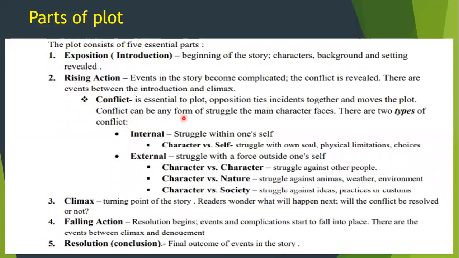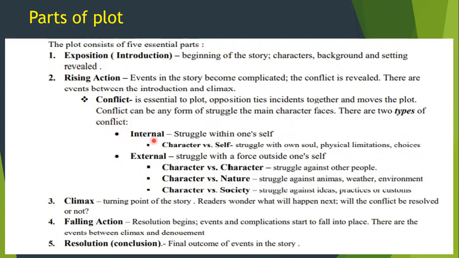Conflict can be any form of struggle، ويمكن أن نعرفها أي نوع من أنواع الصراع. The main characters face it، الذي يكون بين الشخصيات الرئيسية. And there are two types of conflicts. لدينا نوعين من أنواع الصراع.